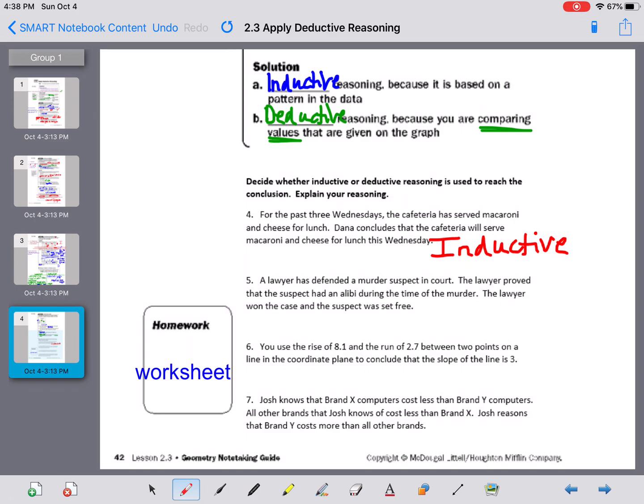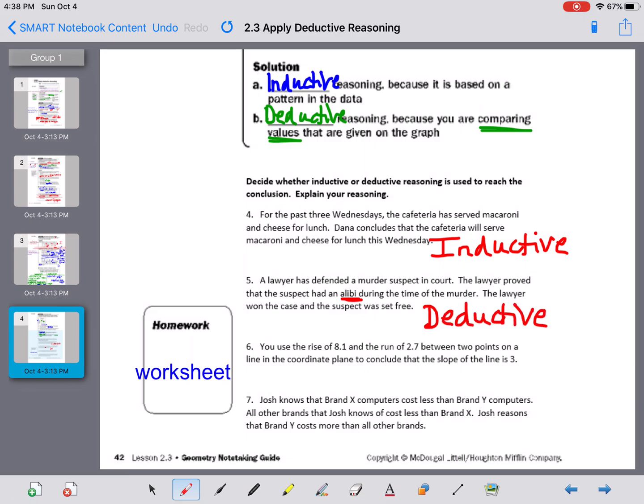All right, number 5, a lawyer defended a murder suspect in court, and the lawyer proved that the suspect had an alibi during the time of the murder. So the lawyer won the case, and the suspect was set free. Is that based on facts or based on patterns? Well, I would say an alibi creates a fact there, so that's going to be deductive, okay?